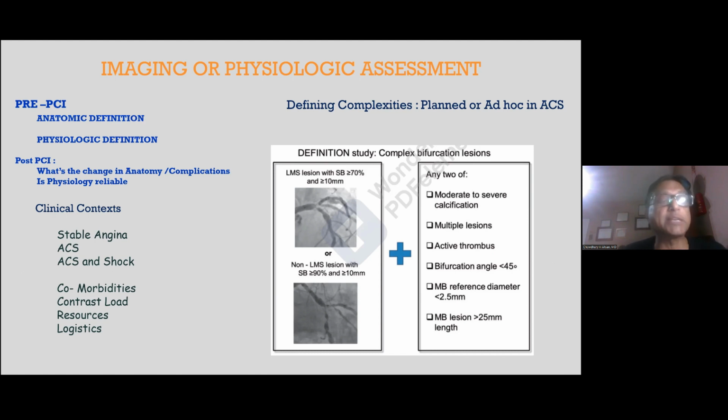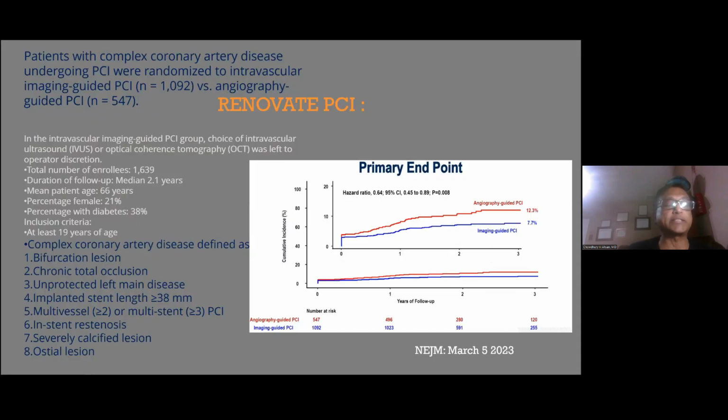So it is the patient preparation and also the vessel preparation, the lesion preparation, and also complex coronary disease. This group defined complex coronary lesions, as you can see on the left: the bifurcating lesion, unprotected left main, implanted stent length more than 38, multivessel in-stent stenosis, significant calcific lesion, ostial lesions.